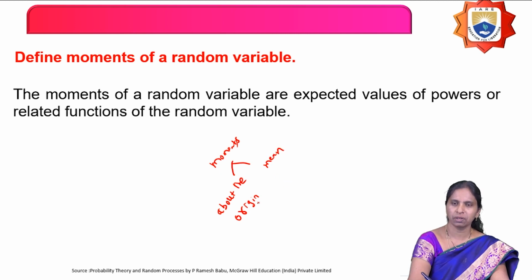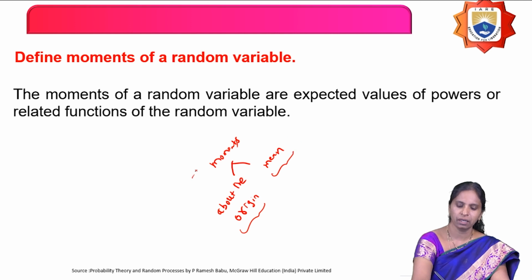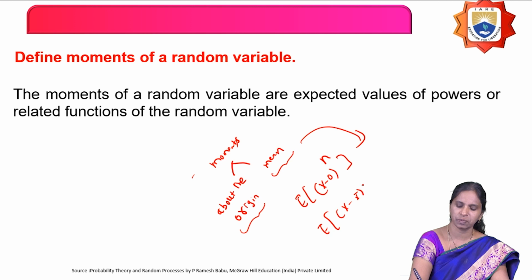These are the expectations of some powers. If it is moments about the origin, you get E[(X - 0)^n]. If it is moments about the mean, you get E[(X - X bar)^n]. So the expected values of powers of a random variable are called moments of the random variable.